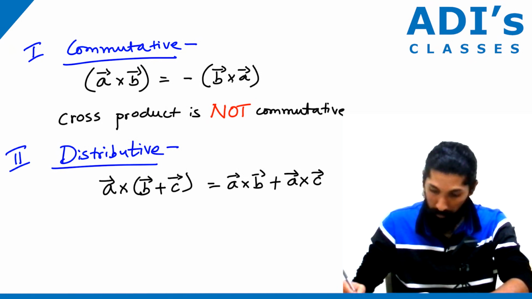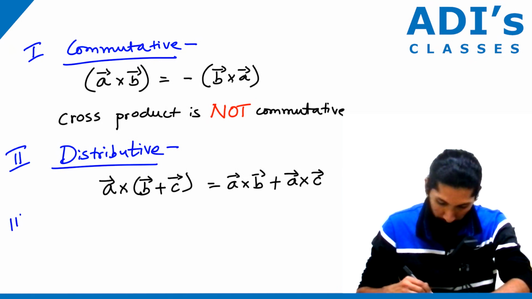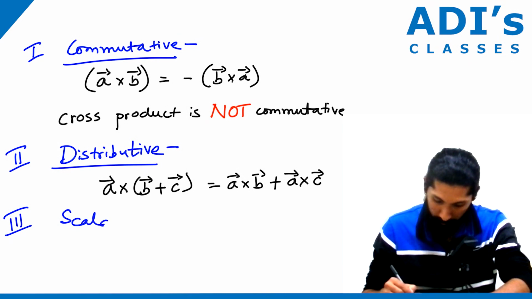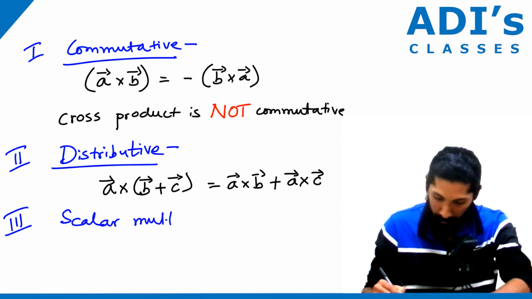Clear? The third one is, what if we multiply by a scalar? Scalar multiplication.